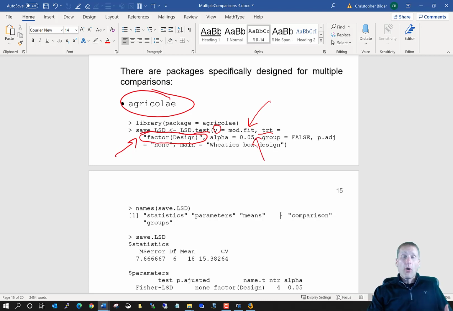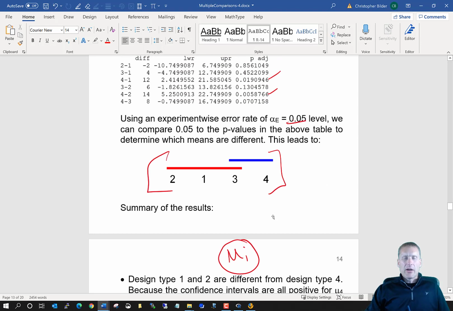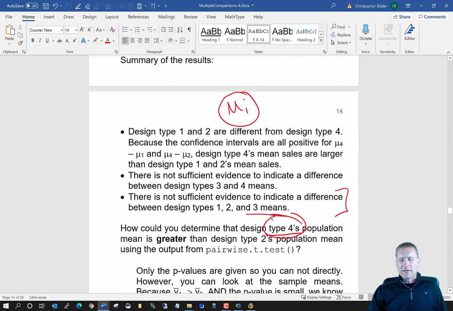This is what you hope to be the experiment-wise error rate. Group equal false. The default is true. Basically, if you do true, and you can try that on your own, you're going to get something somewhat similar to these diagrams that we were talking about, but it doesn't use lines at all. It just uses a different format that's less common.